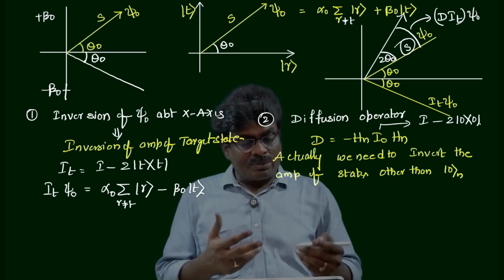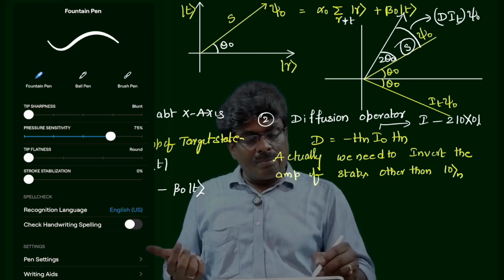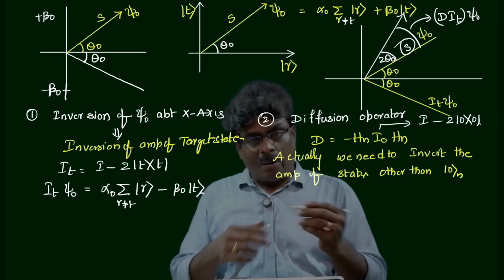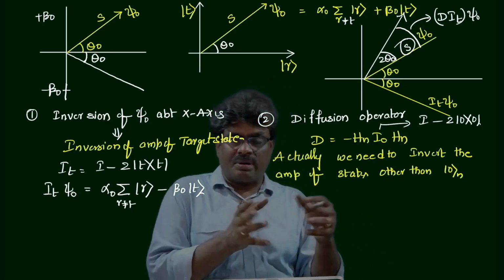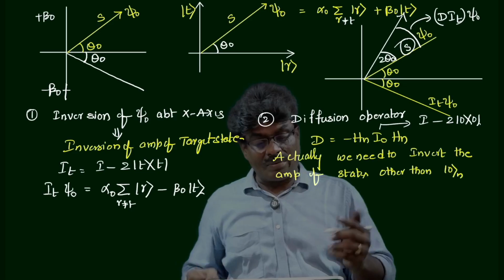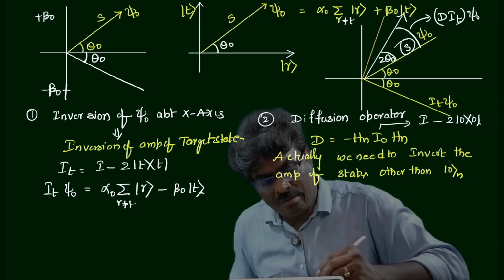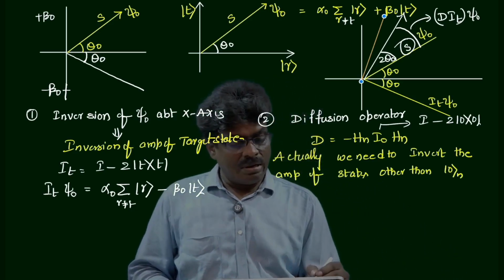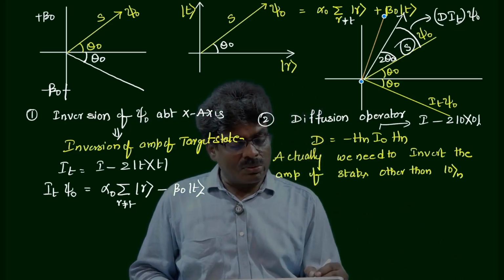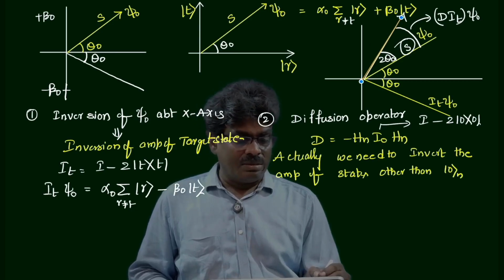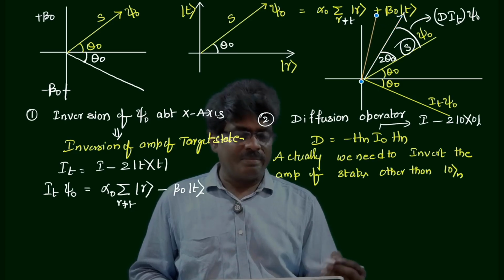Now let us suppose you operate r number of times. Then your final state will be like this, or it comes close to the y-axis. So once again, 1 time, 2 times, 3 times, 4 times, r times, like this.